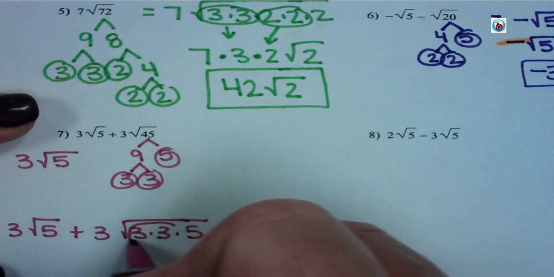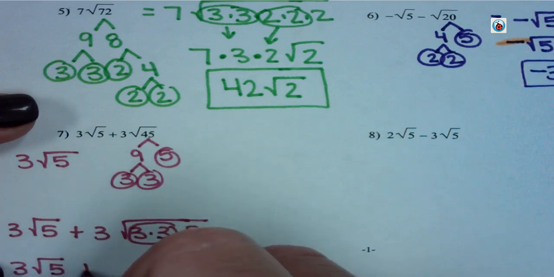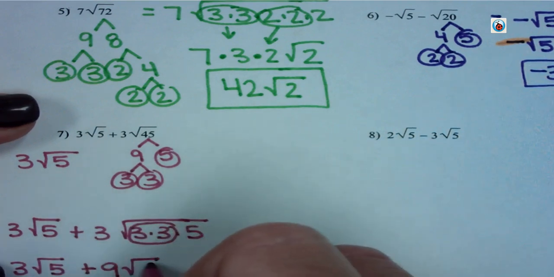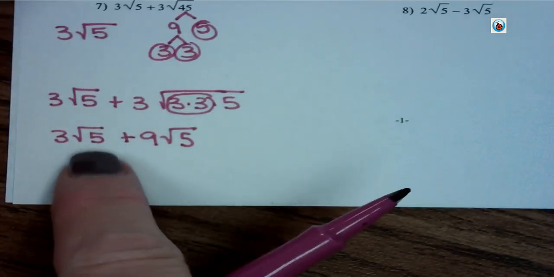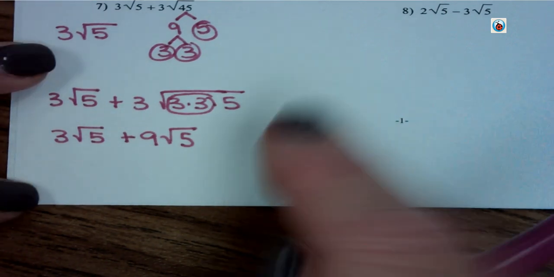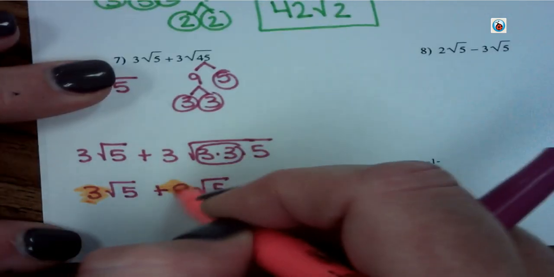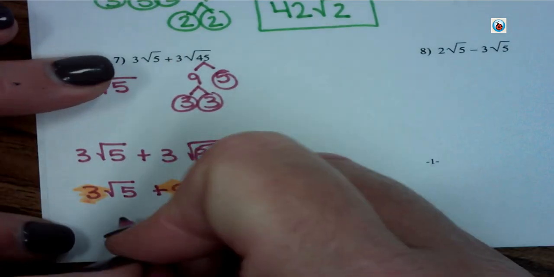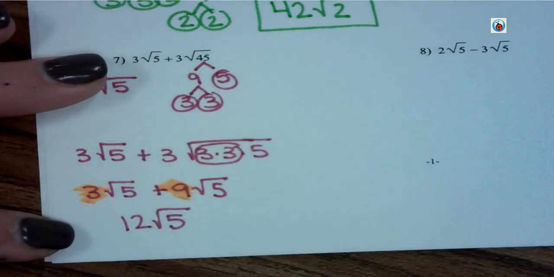My pair of 3 is going to come out, so I have 3 radical 5 plus 9 radical 5. Now the radicals are the same. So since the radicands are the same, I can add the outsides. So 3 plus 9, because those are the same, is 12. And then we're going to keep our radical 5. We have like terms now.